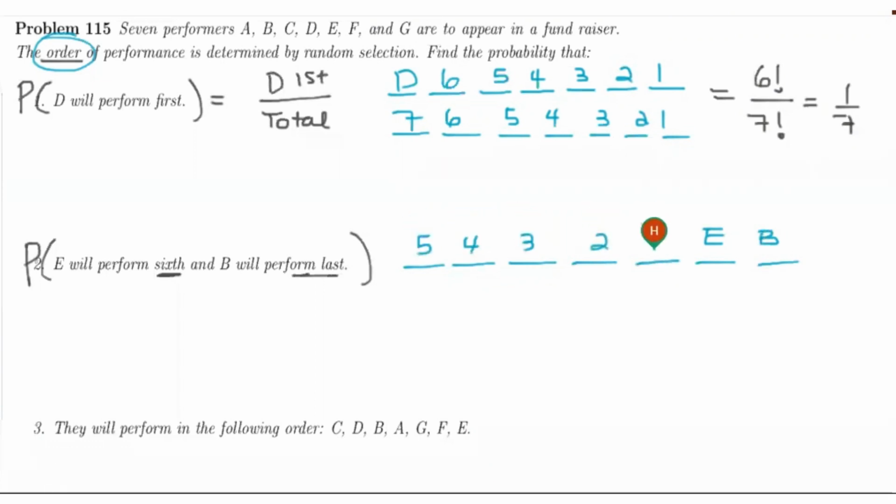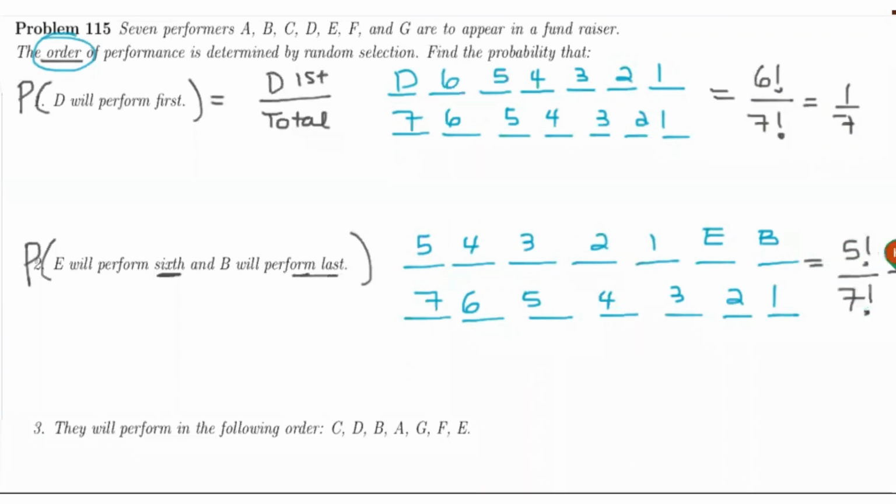This is event. What's the total? 2, 3, 4, 5, 6, 7. Still no restriction. Agree? So we are writing 5 times 4 times 3 times 2 times, this is 5 factorial over 7 factorial. We compute this, 1 over 42.